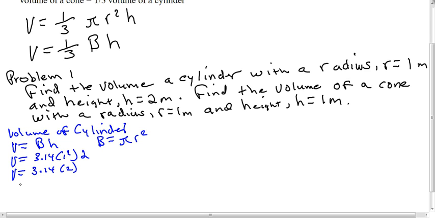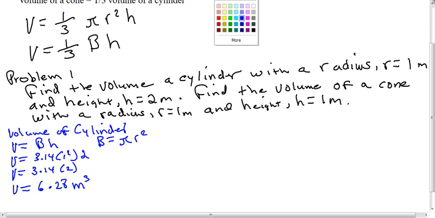And as we multiply, we see that volume here is 6.28. And because I had meters times meters squared here, I'm having meters to the third power, or meters cubed. Well, let's take a look now at the similarity with the volume of a cone.